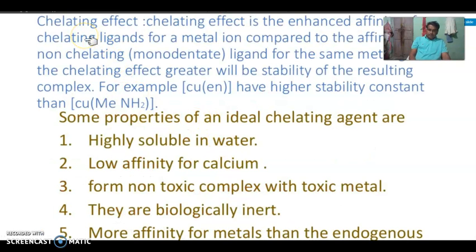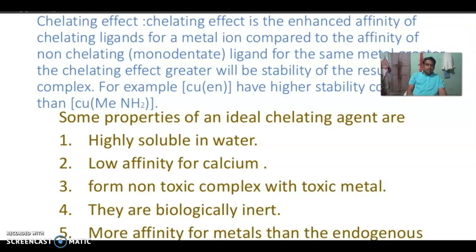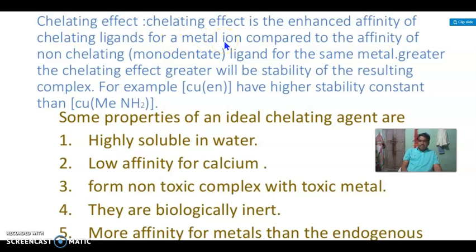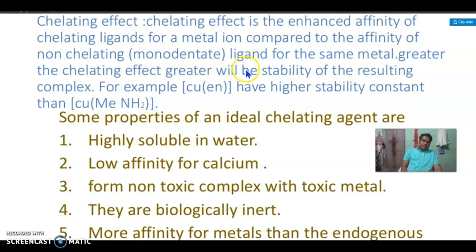Now, the chelating effect. The chelating effect is the enhanced affinity of a chelating ligand for a metal ion compared to the affinity of a non-chelating or monodentate ligand for the same metal. The greater the chelating effect, the greater the stability of the resulting complex.